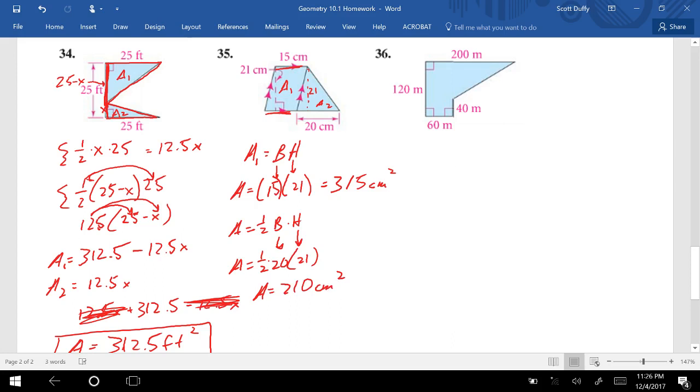Good, so I get 210 and 315. You have to add them together, and you get 525 square centimeters.